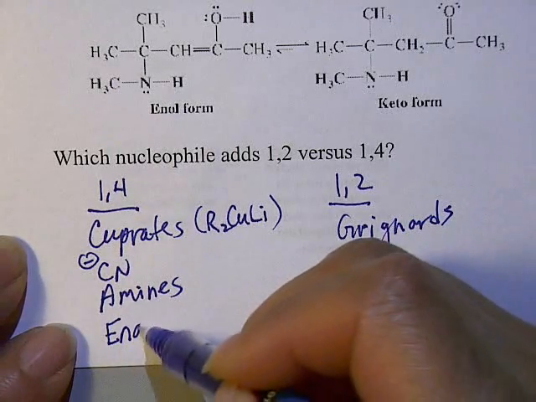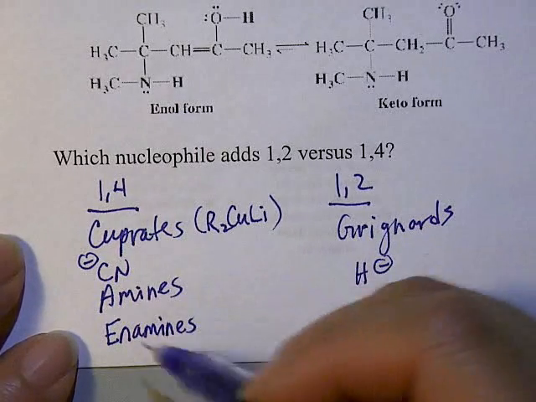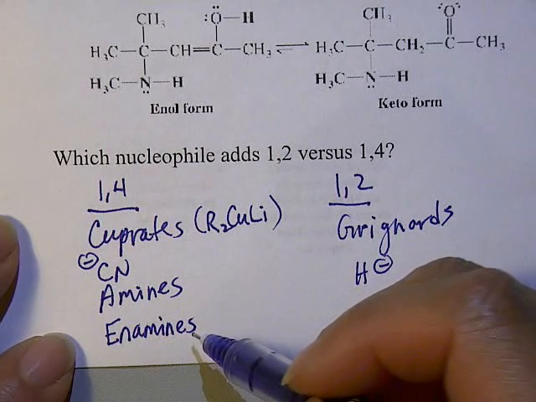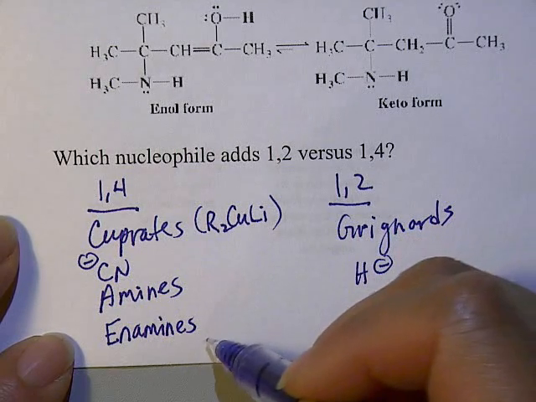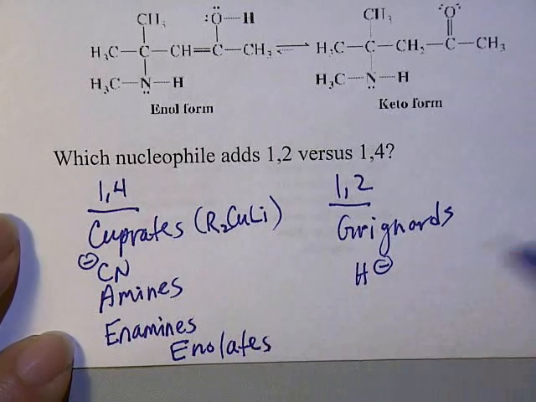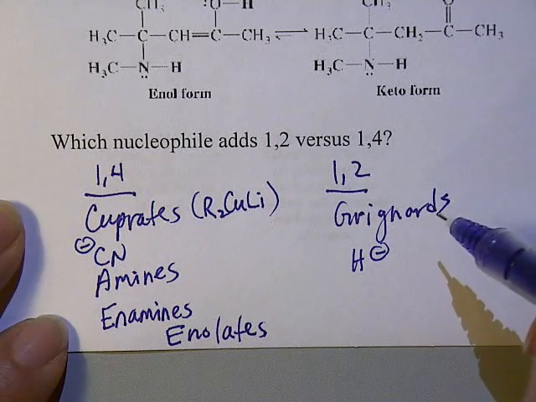Enamines, which we're going to go over, how they can act as a nucleophile. We haven't gone over that yet, so this is a little bit later. And then enolates. All right, but there's a difference in the enolates.